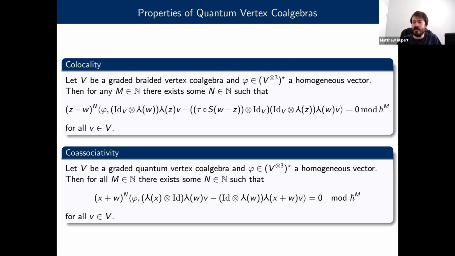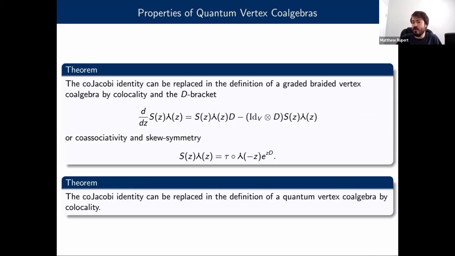These conditions appear to be quite a bit weaker than locality and associativity for vertex algebras, but actually they are strong enough to give equivalent characterizations of quantum vertex coalgebras. The co-Jacobi identity can be replaced in the definition of a graded braided vertex coalgebra by locality and the D bracket, and this is the form that the D bracket takes for quantum vertex coalgebras, or it can be replaced by co-associativity and skew symmetry.